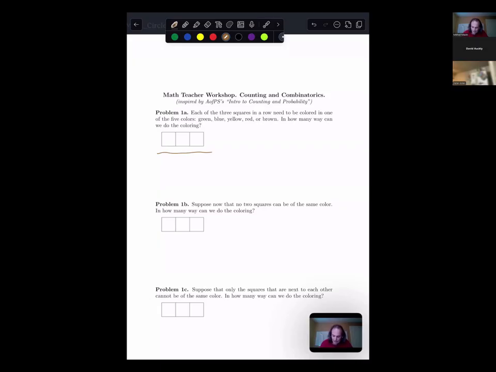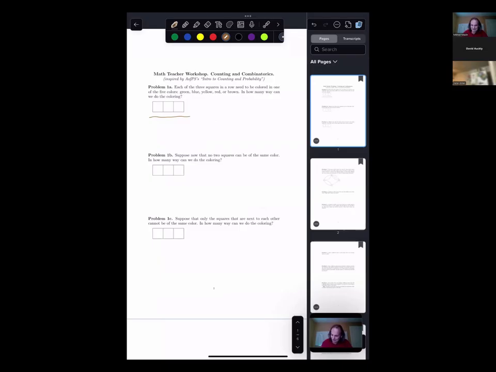We need to color each square in one color. The question is, in how many ways can we do that? If you have an answer, please put it in the chat, or we'll discuss it.